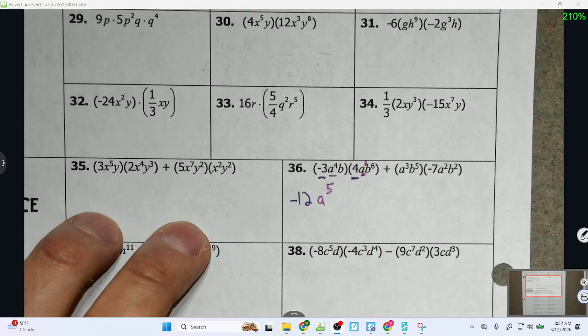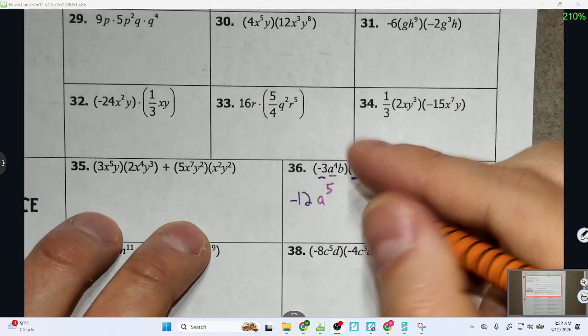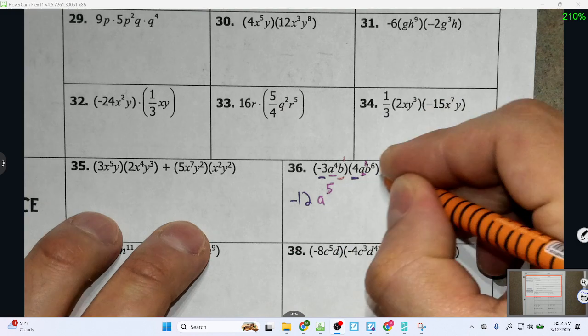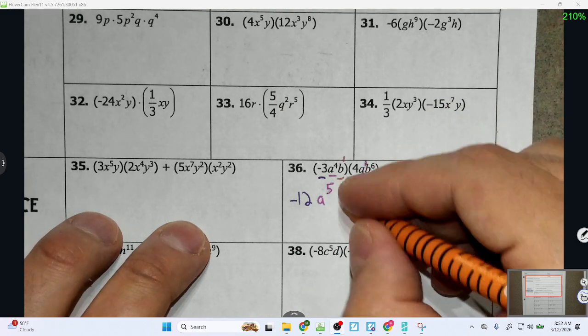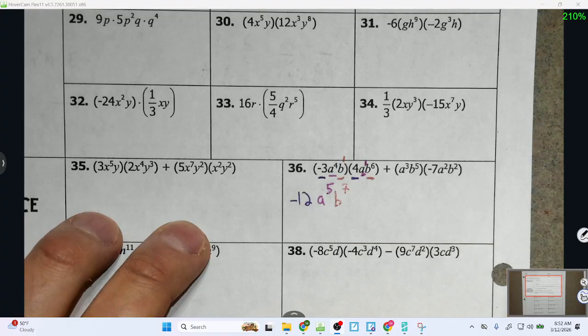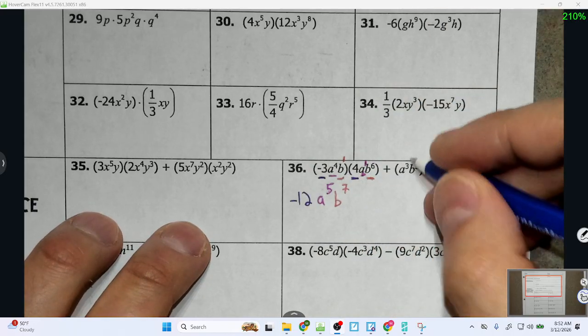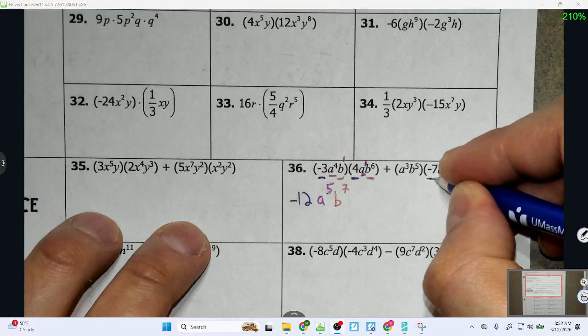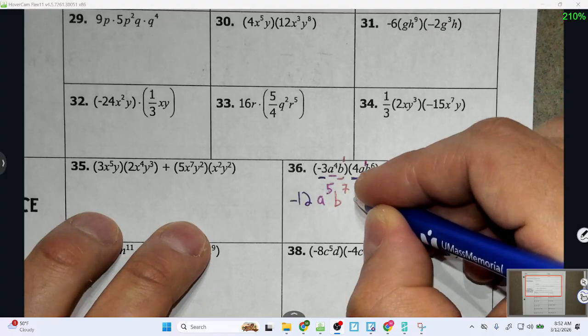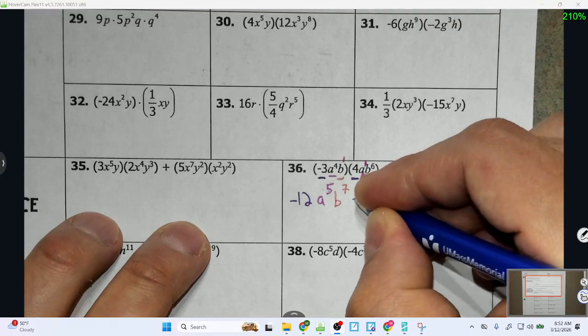And then what do we got? We got b to the first power, b to the sixth power. That's b to the seventh. That's the first example, but I now have to take that and I have to add whatever this is. But if I look at it, it's a negative 7 here. So it's going to end up being minus 7.